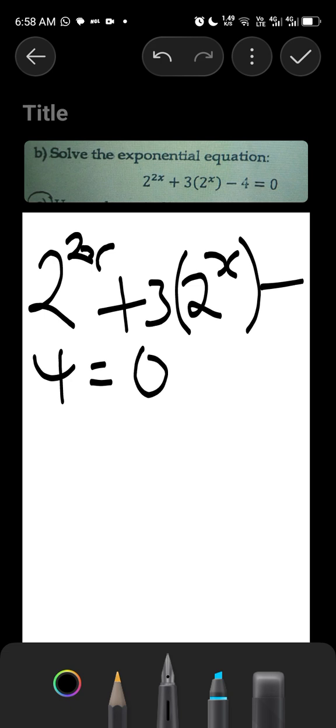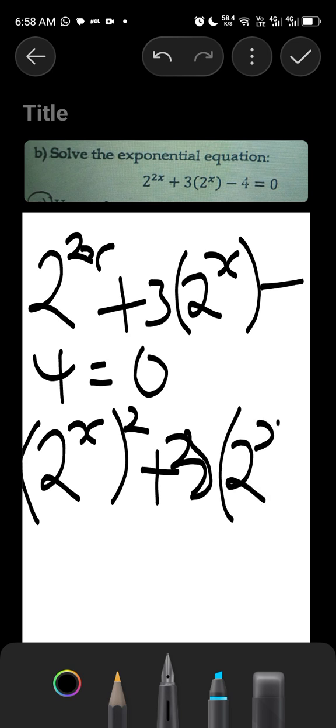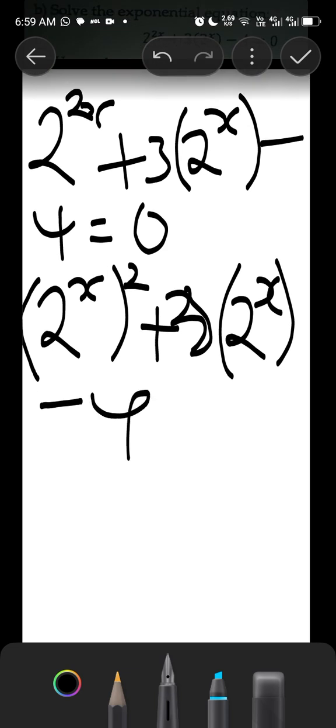This can be 2 to the power x, in brackets, with a 2 outside, plus 2 to the power x minus 4 is equal to 0. You've seen the same base with the same power.